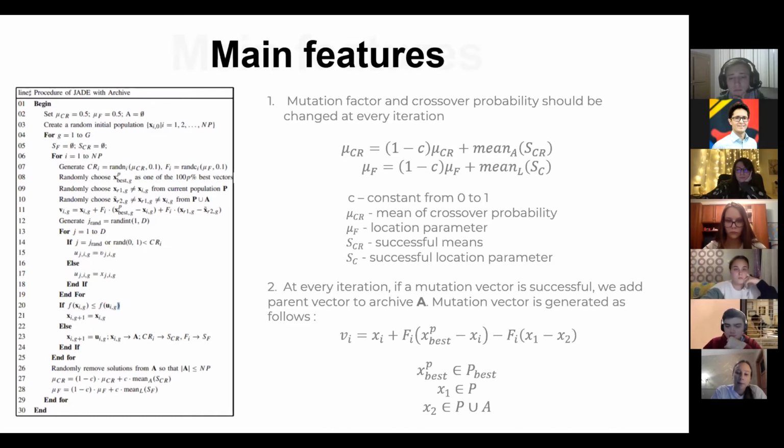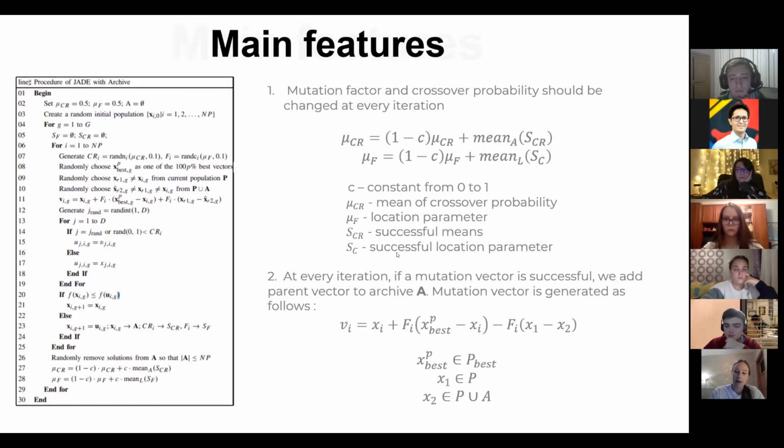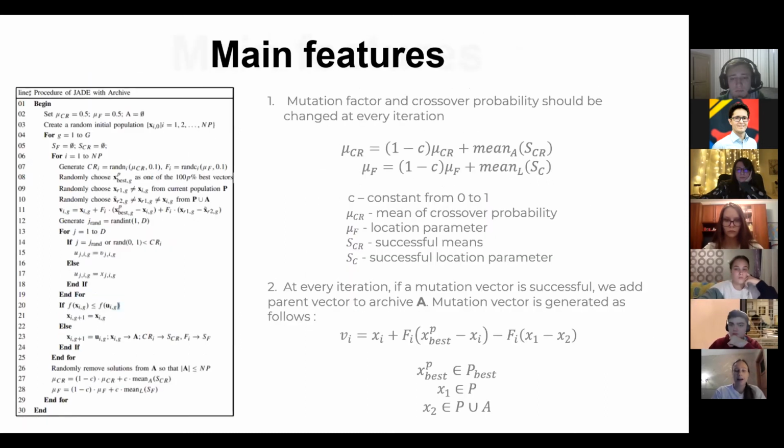The mutation vector is also calculated in another way. Firstly, we need to find the p% best current vectors in our population. Let's call them p best.